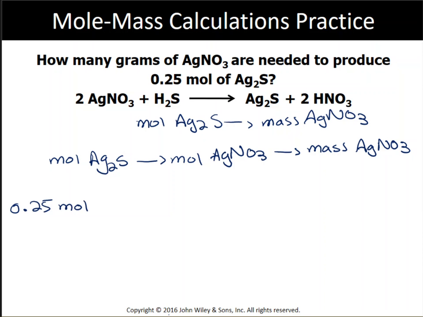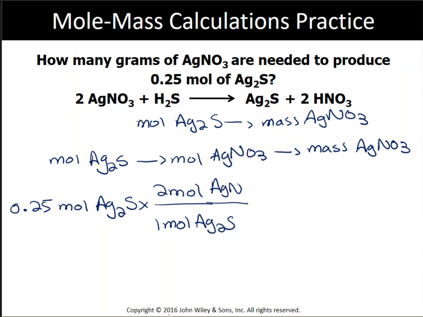So we have 0.25 moles of silver sulfide. Based on the balanced reaction, each mole of silver sulfide is produced from a reaction of 2 moles of silver nitrate.